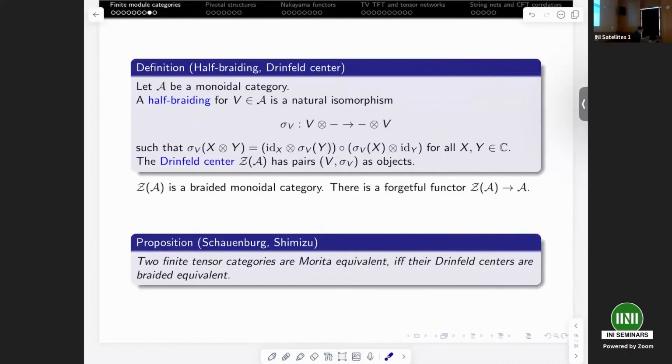And it turns out that two finite tensor categories are Morita equivalent if and only if the Drinfeld centers are braided equivalent. So the easier direction is to show that if they are Morita equivalent, then the Drinfeld centers are braided equivalent, but the converse holds. These are, depending on how you formulate it, old or relatively recent results.